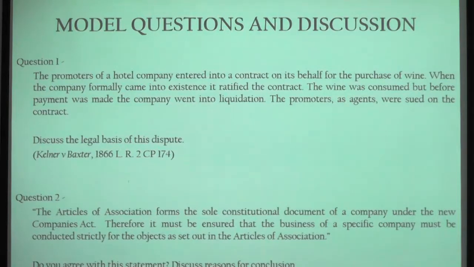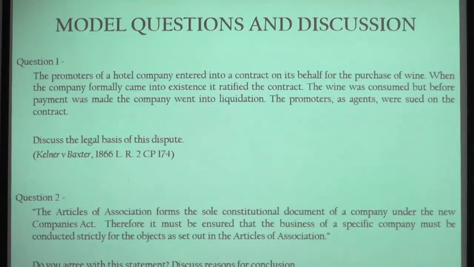However, if the particular contract has not been ratified by the company later on, then there will be no validity of this contract. So, this is how you need to argue in such a question, supported by the proper authorities.